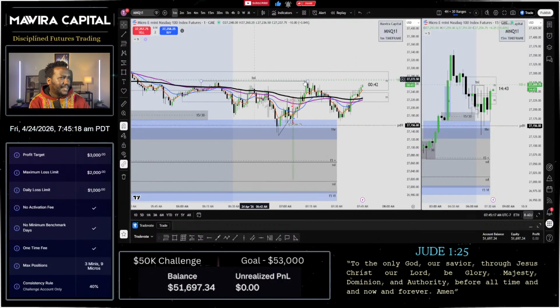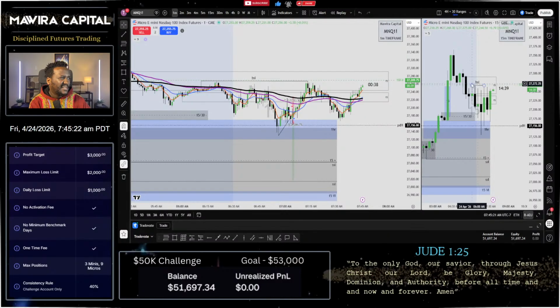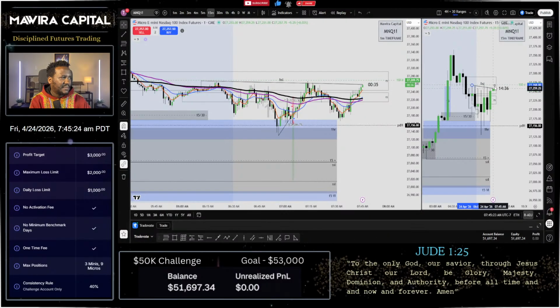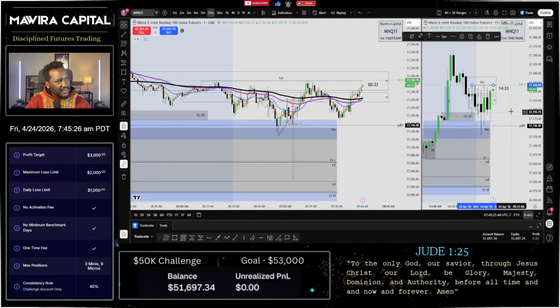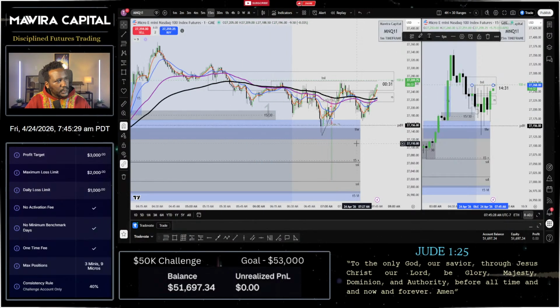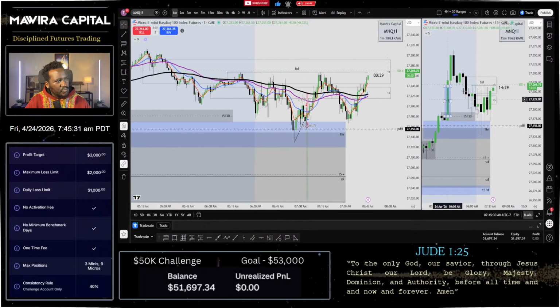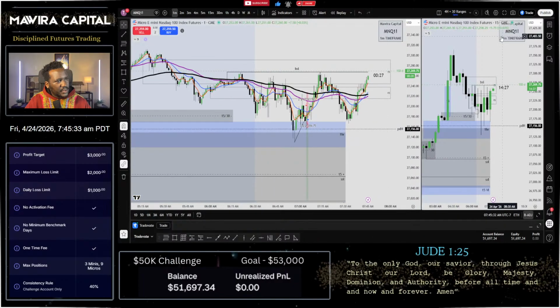That could be buy side, yes, but I'm thinking with a 15-minute candle closure above this high here, above the zone, I think it's gonna be a continuation high.